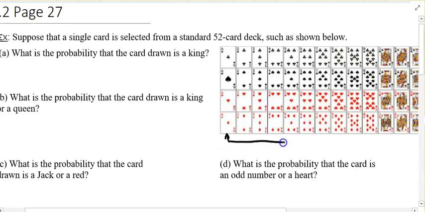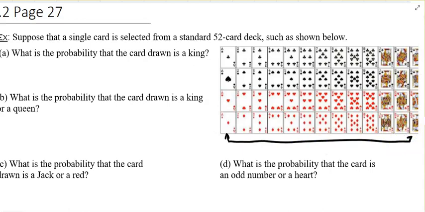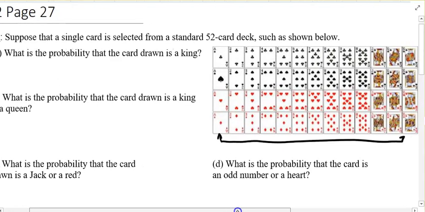They could count as high or low depending on the problem. We're not going to do any poker or anything like that, so you don't have to worry about that part. We're just going to do basic probability of simple events or compound events. There are 13 of each suit. So there are 52 cards in a deck.